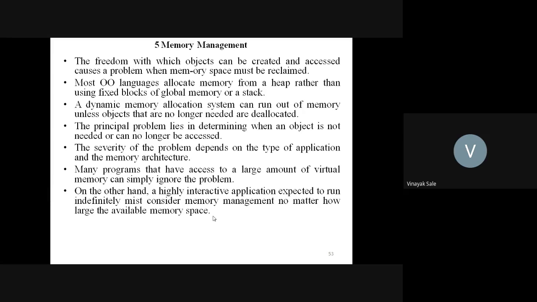A dynamic memory allocation system can run out of memory unless the objects that are no longer needed are deallocated. The principal problem lies in determining when an object is not needed or can no longer be accessed.